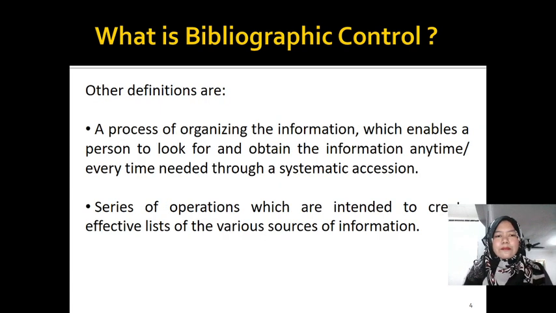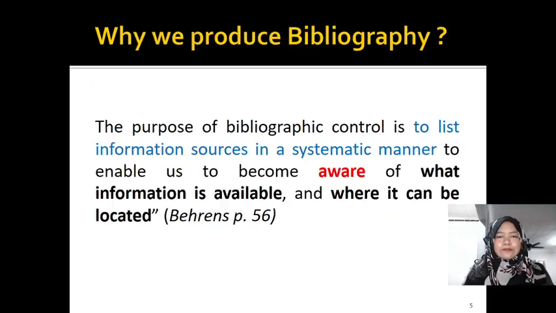Other definitions of bibliographic control: a process of organizing information which enables a person to look for and obtain the information anytime, every time needed, through systematic access. It is also a series of operations intended to create effective lists of the various sources of information.